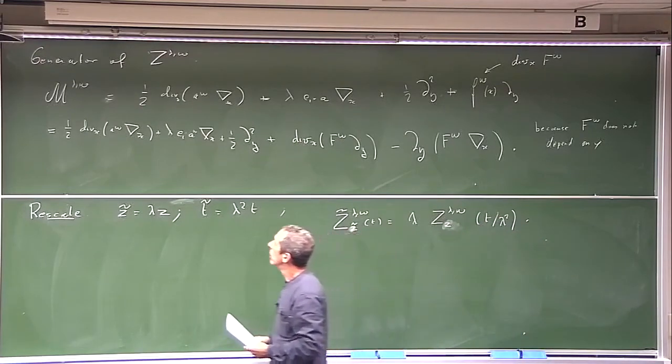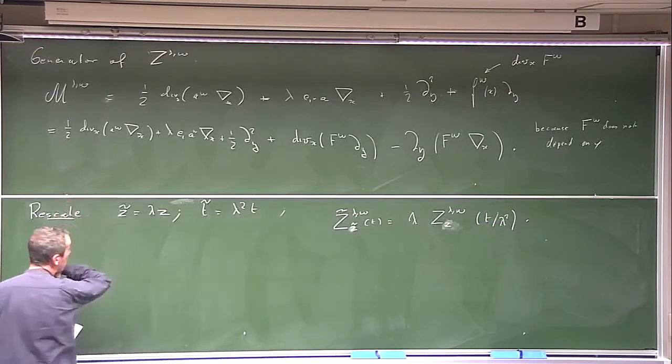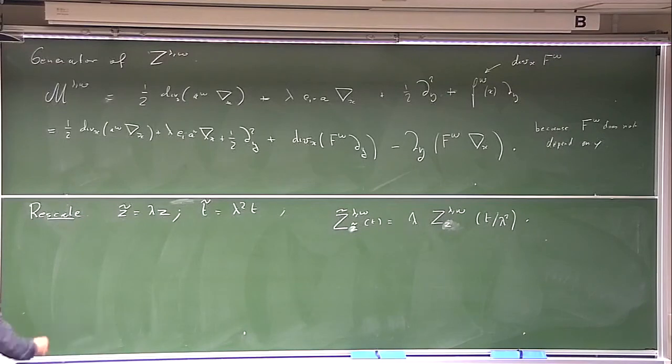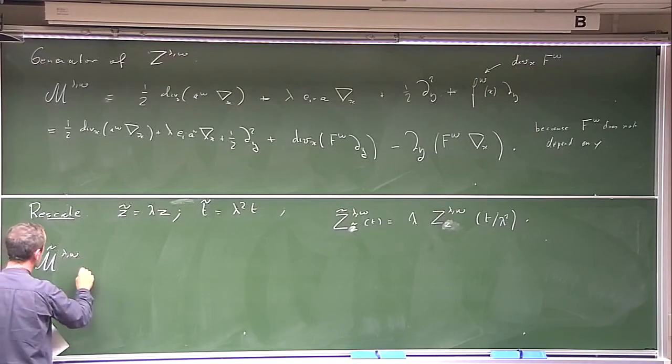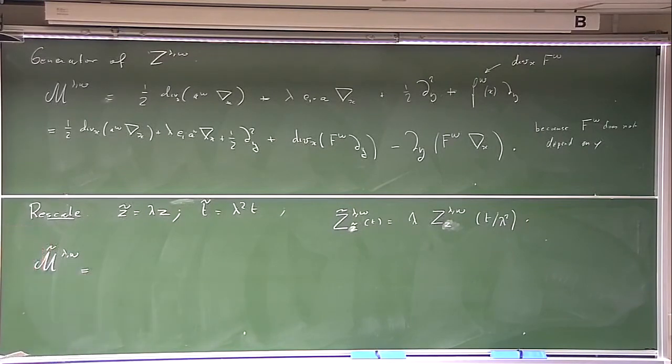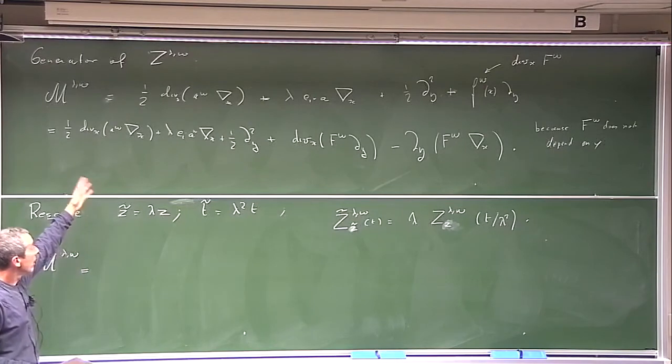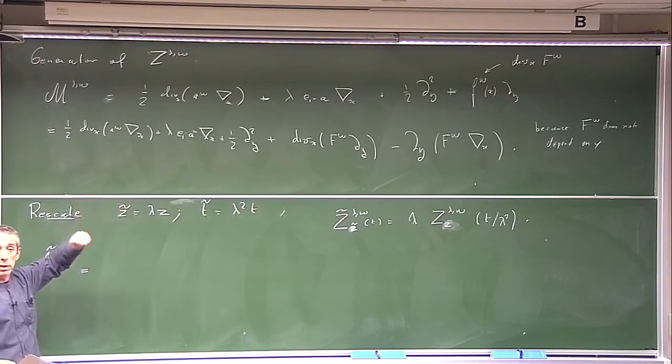And we have to look at the effect of this rescaling on the operator. So the generator of this process is a certain operator, M tilde lambda omega. Now what happens is that when you make a change of the space variable, each time you have a derivative, you have a lambda coming out in the formula.